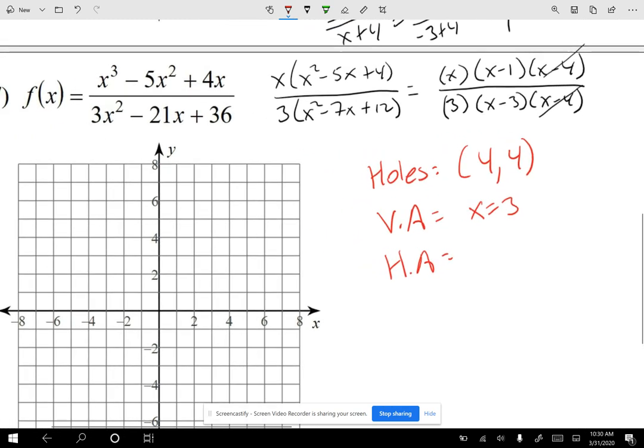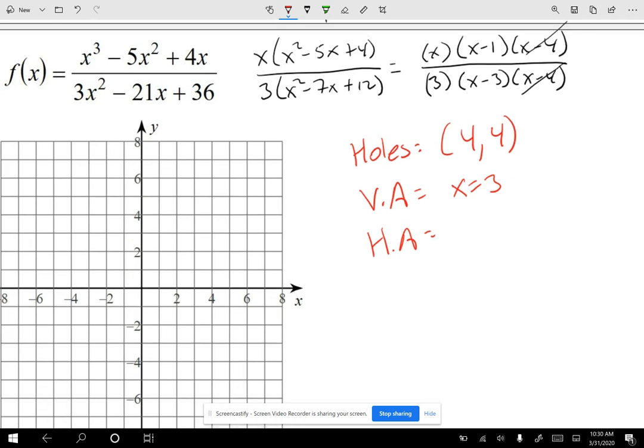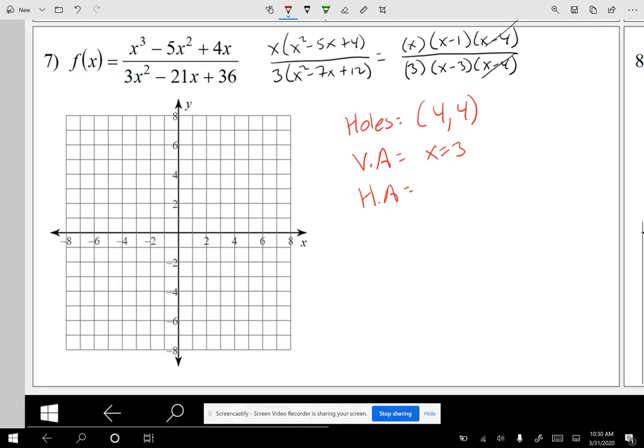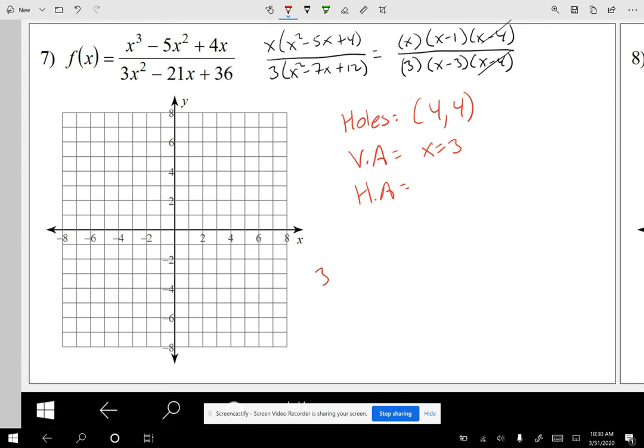Now for my horizontal asymptote, when my highest exponent is on top, I have to do long division. I'm going to have a slanted asymptote. So I'm just going to go 3x squared minus 21x plus 36. I'm going to divide this into x to the third minus 5x squared plus 4x.